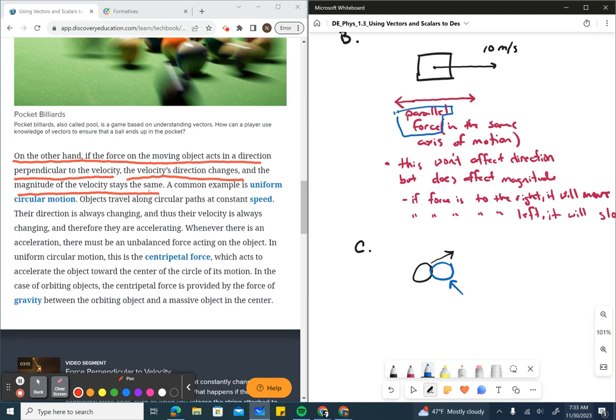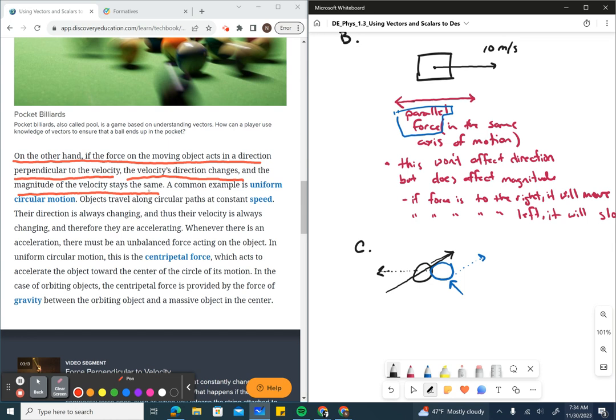So what's going to happen to these balls when they collide? Well, the result might be that this ball is going to bounce off in this direction, and it's possible that this ball is going to bounce off in this direction, right?